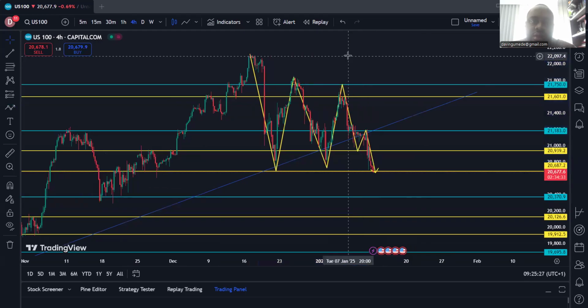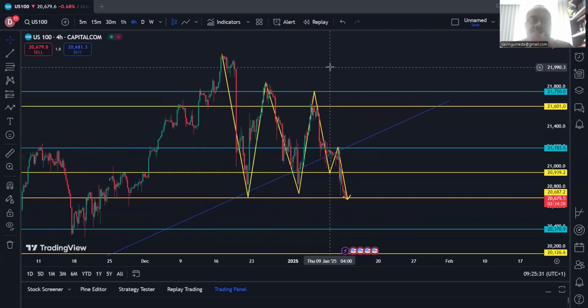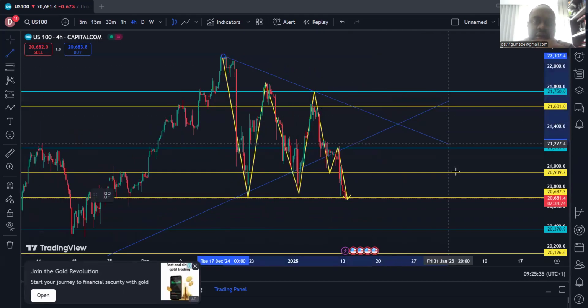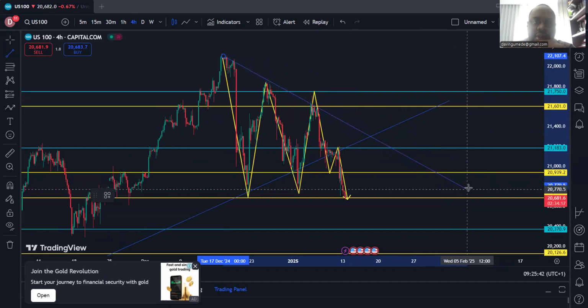What we're seeing here is a possible pattern being formed, and this really looks like there's a triangle being formed within Nasdaq, if you place it through here.